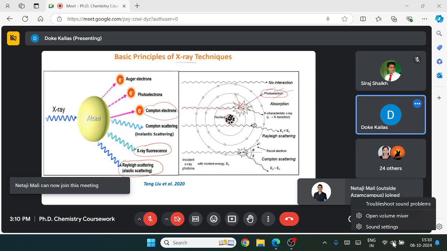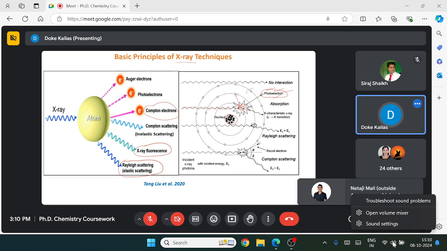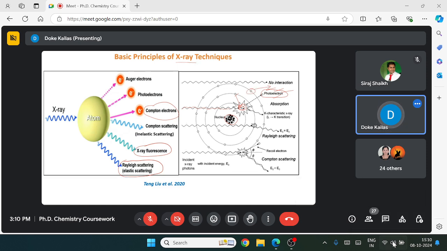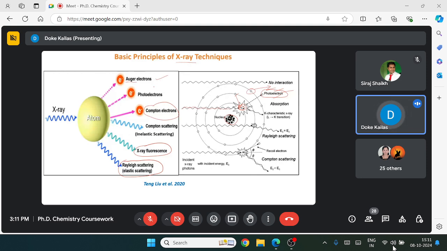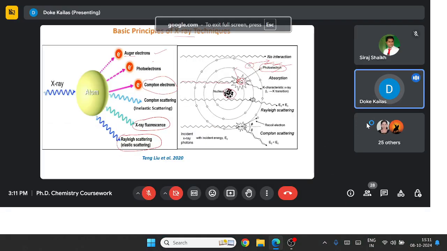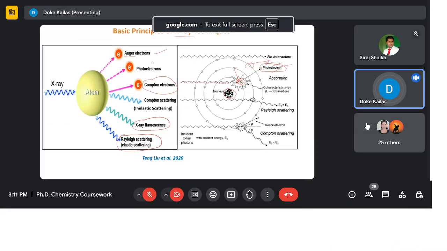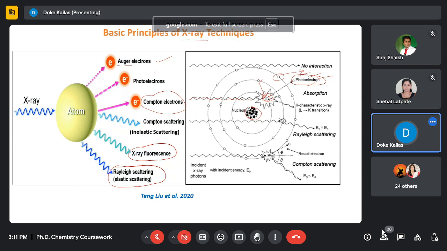So to maintain the energy balance, the next valence cell electron is ejected. This phenomenon was discovered by Pierre Auger, and to honor him, this electron is called an Auger electron. So this is also X-ray spectroscopy, but it is called Auger electron spectroscopy.